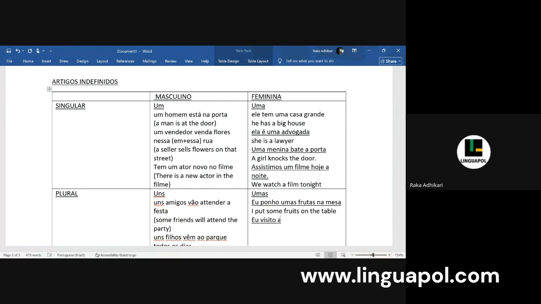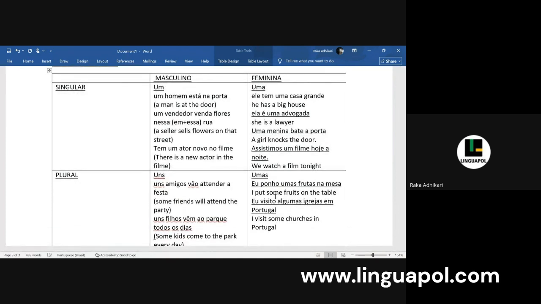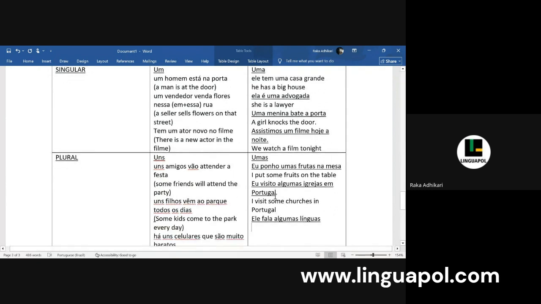Eu visito algumas igrejas em Portugal. I visit some churches in Portugal. Ele fala algumas línguas. He speaks a few languages. We're not saying which languages.